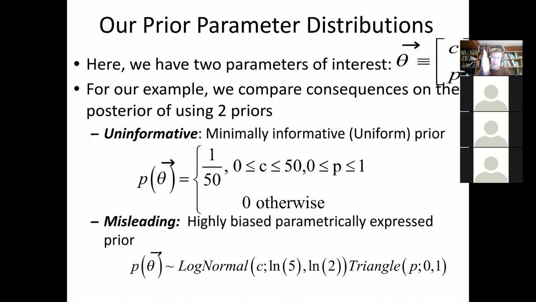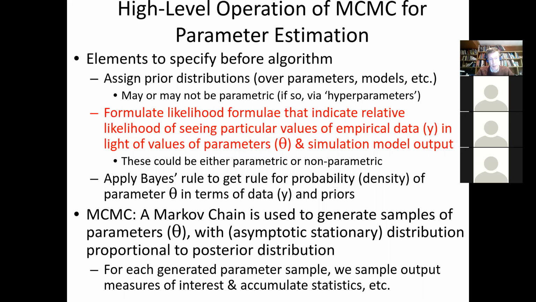So it kind of says 0.5 is most likely. And where C is distributed log normally with a log mean of 5 and a log standard deviation of 2. So it's a skewed value with a long tail on the upper side. It stretches for some distance to the right.